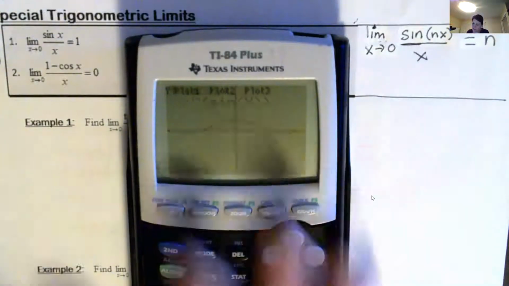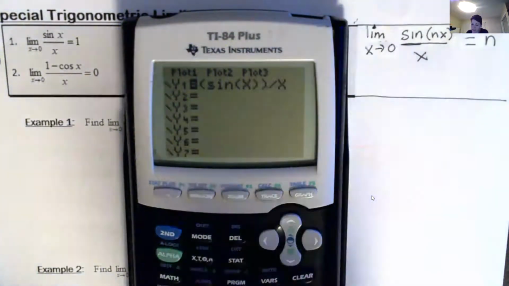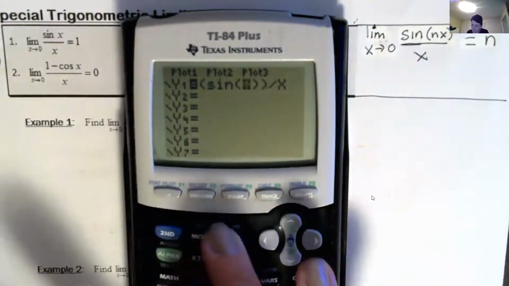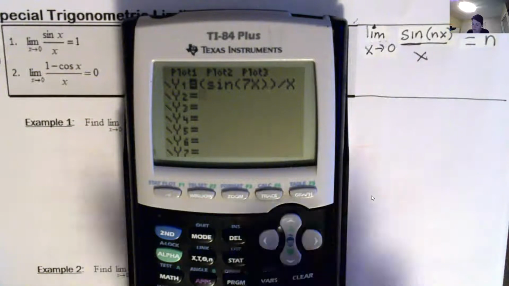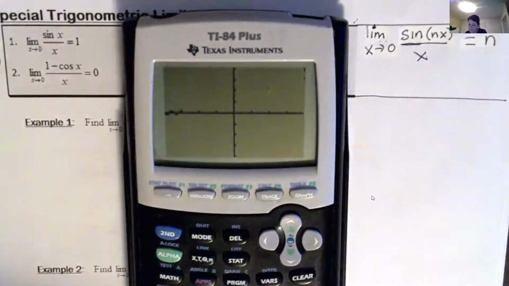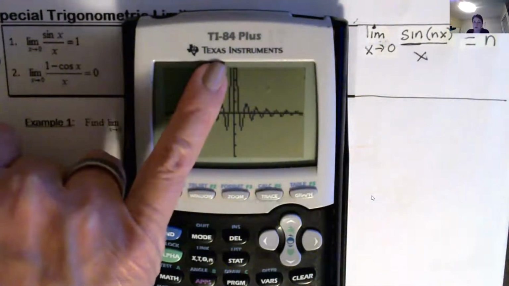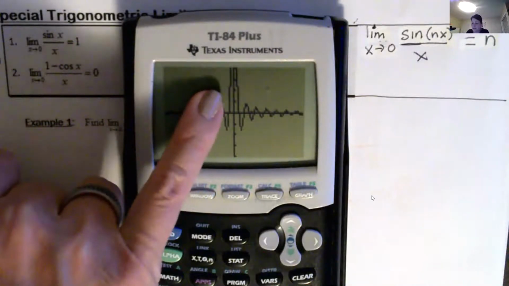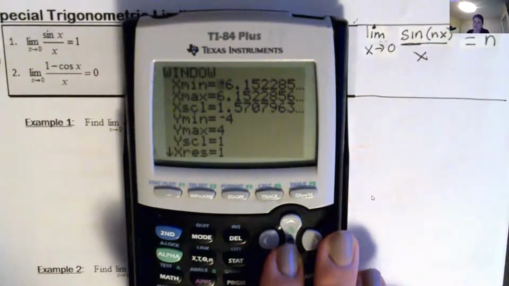If I were to simply take this and throw in, let's say, a 7, so 7x over x, and we look at the graph. The regular trig window only goes up to 4. So I have to stretch out my window a little bit to see this, but my answer should be 7.